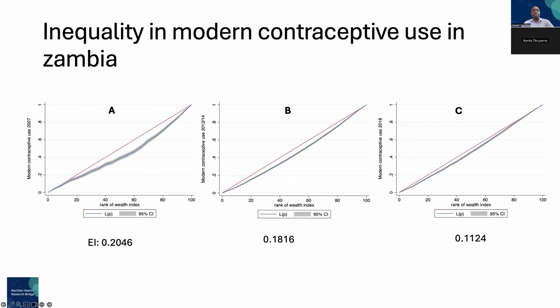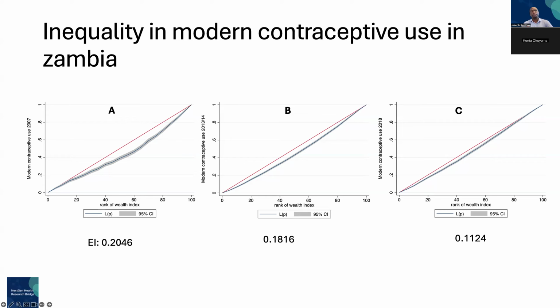You could see that visually there are some differences across the three graphs, with the area between the equality line and the curve decreasing over time. When you look at the index itself, the Erreygers index, it still shows a similar trend in this particular case. So this is one of the ways that we used it.